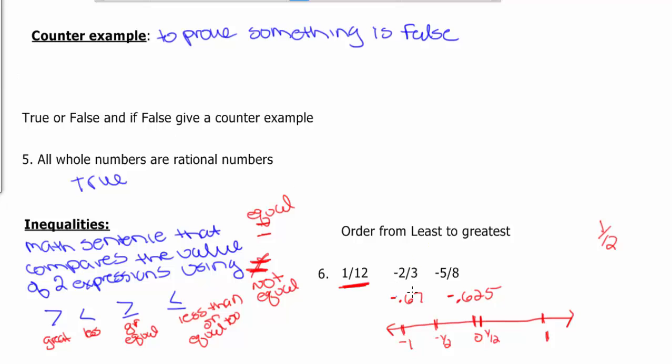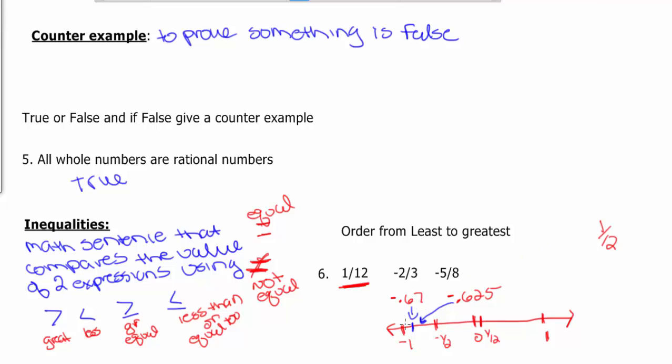Negative 0.67, if it was positive, would be bigger. But since it's negative, it's actually smaller. It's closer to negative 1. And negative 0.625 is actually bigger because it's closer to 0. Things get a little crazy when we're on the negative side. So again, put it in your calculator and try to figure it out that way.